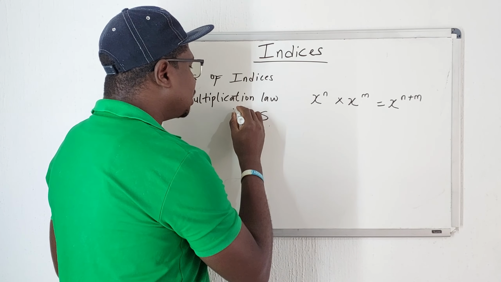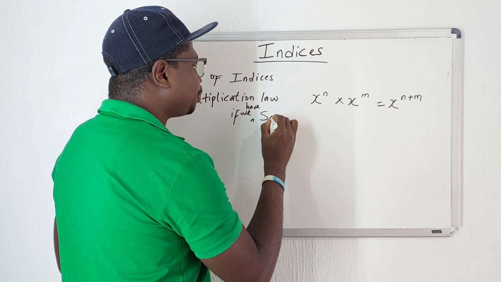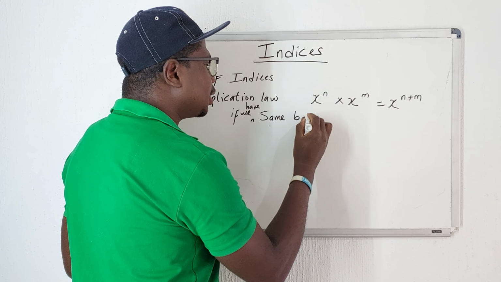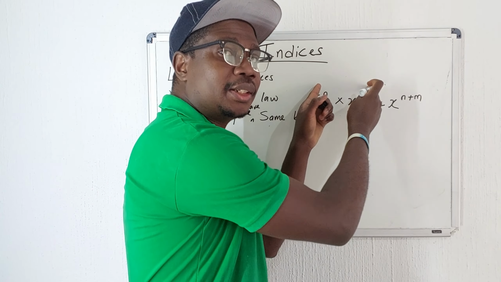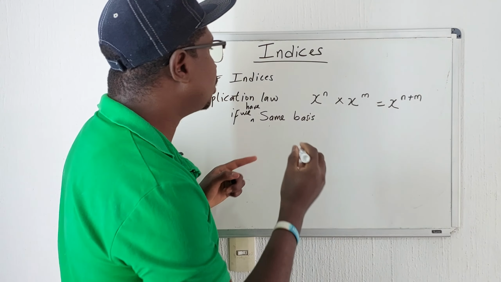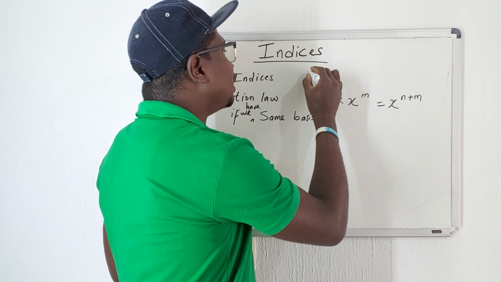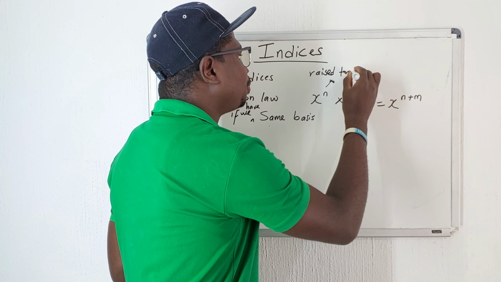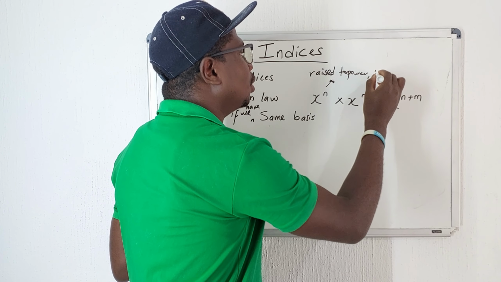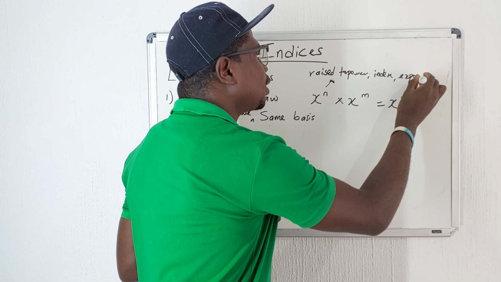If we have the same base, we add the indexes. As I've told you, the one that is raised to the power, we can call it the index or the exponent.